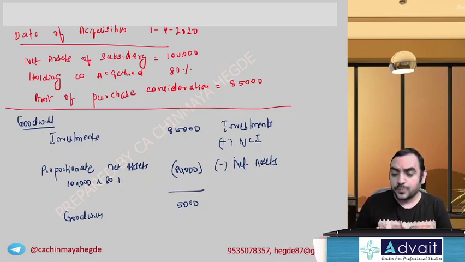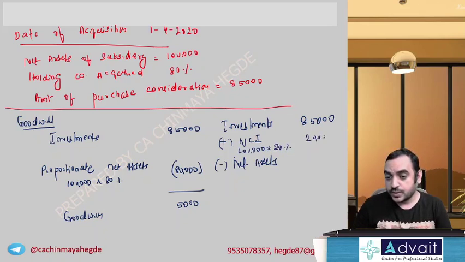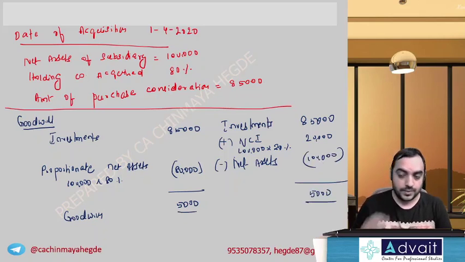Let's see what we get. Investment is 85,000. NCI: the 1 lakh into 80% was the holding company share, so the NCI share is 1 lakh into 20%, 20,000, minus net assets 1 lakh. You get the same number, 5,000.